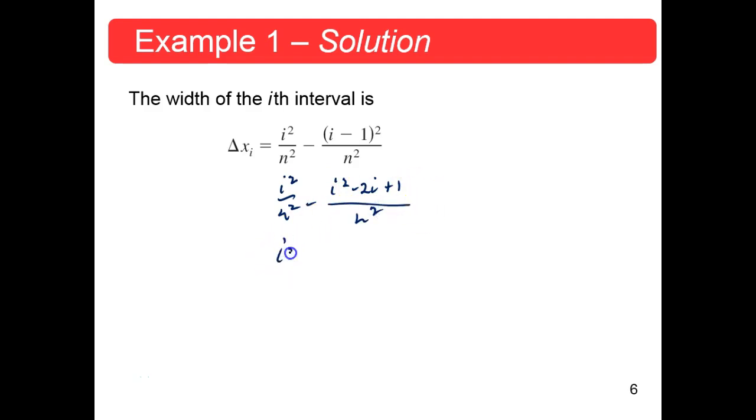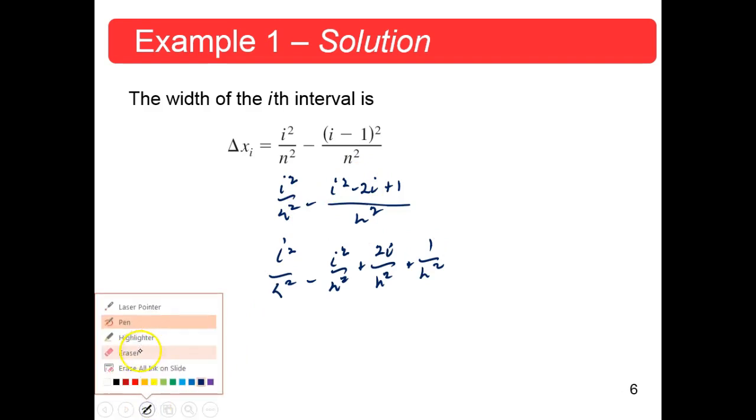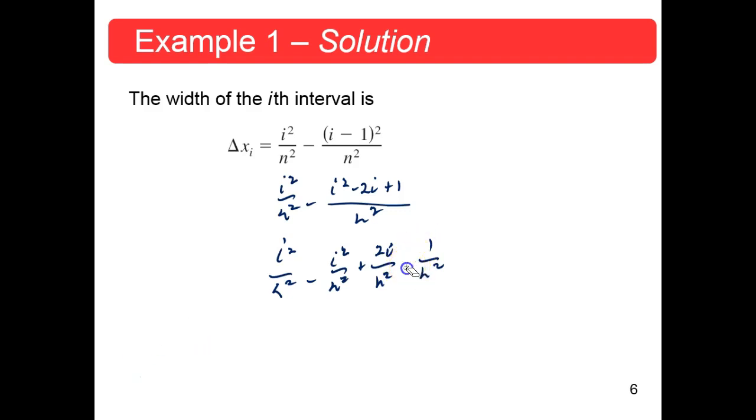And this would be i squared over n squared minus i squared over n squared plus 2i over n squared minus 1 over n squared. Well, minus times minus, I missed the last one. I got the first one right, but missed the last one. This is a minus here.